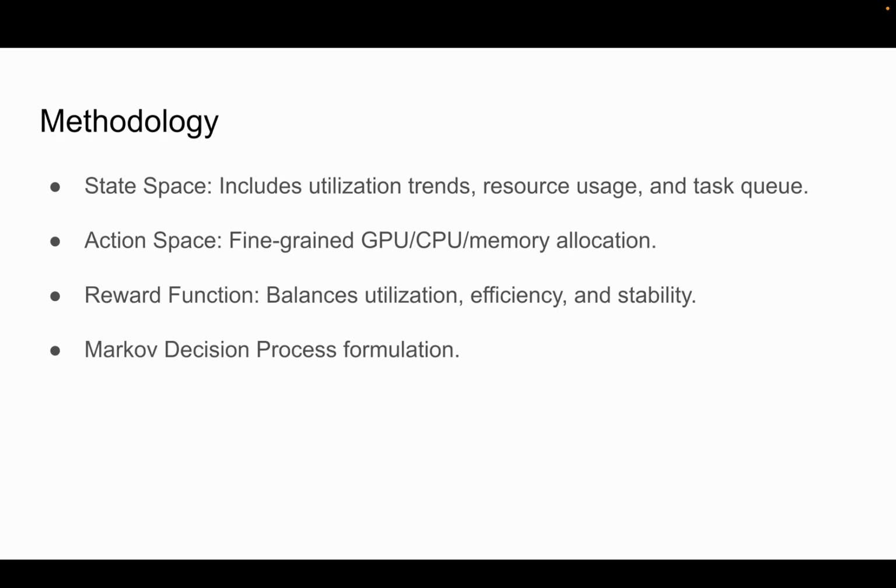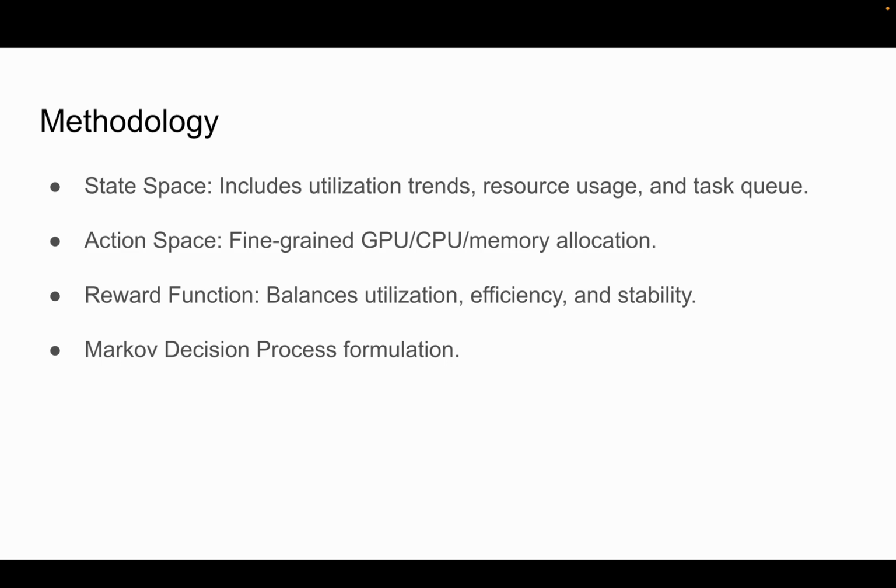We modeled the resource allocation problem as a Markov decision process, MDP, where the state captures system metrics. The action defines resource allocation and the reward balances utilization, efficiency, and stability. Our state space includes historical utilization trends, current resource usage, and task queue details.